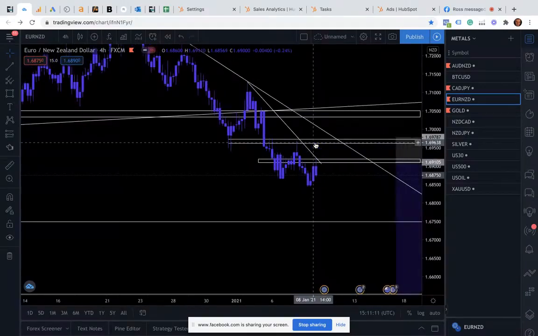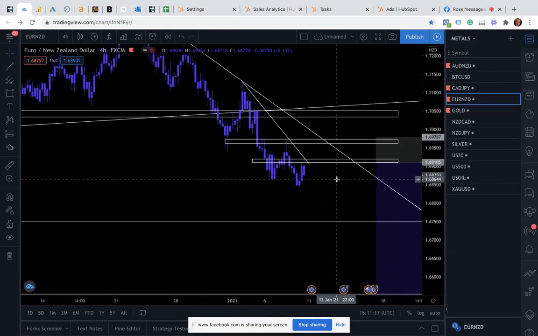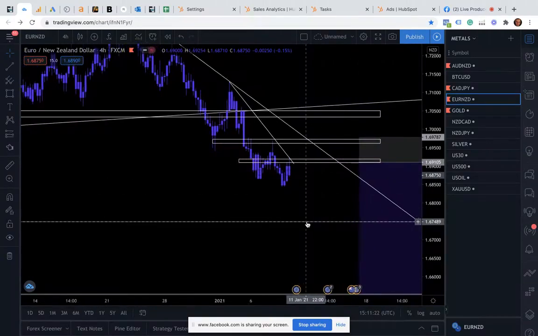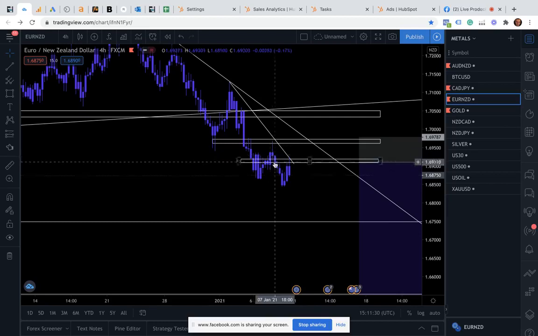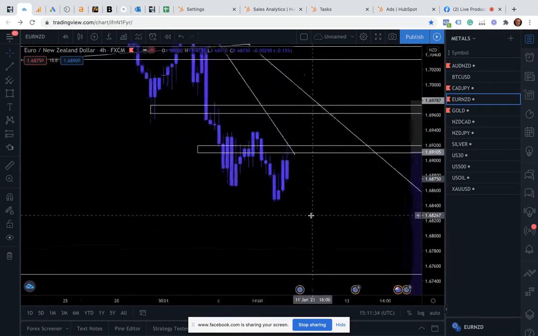So then what we've done is we've looked to get an entry further down the line, because we know that this has got quite a lot of room to the downside. We're going to go back out to the weekly and show you that. So what we've really looked for is we would have possibly got in here as well. This is where we took our entry. We've seen this nice shooting star candle, as you can see here, the wicks all the way up.